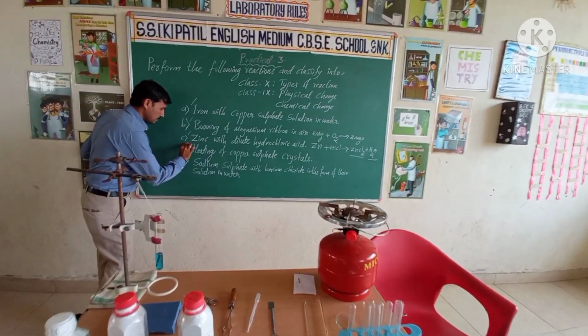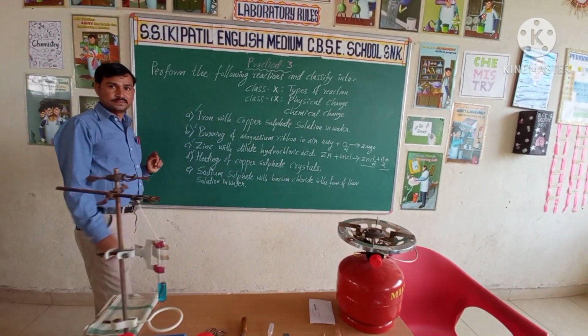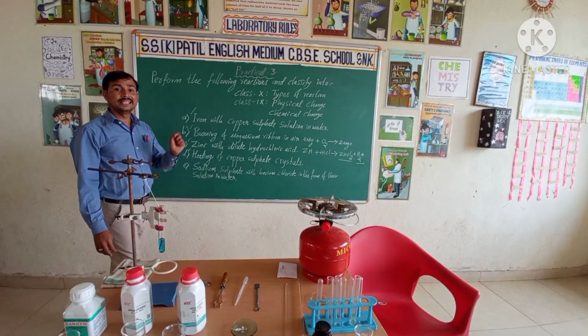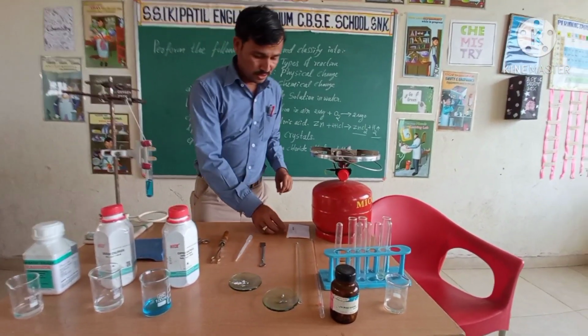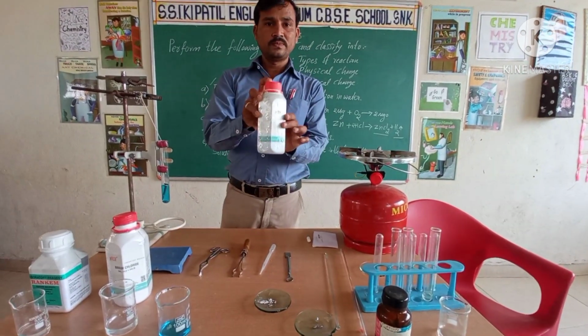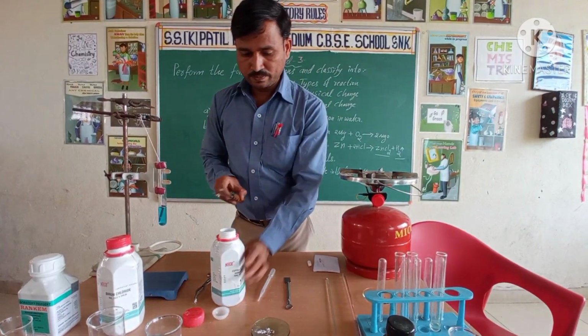Now we'll check D: heating of copper sulphate crystals. Heating of copper sulphate crystals. Okay, we'll check what happens. Here I have copper sulphate in front of you. We'll take a small amount of copper sulphate in one test tube.